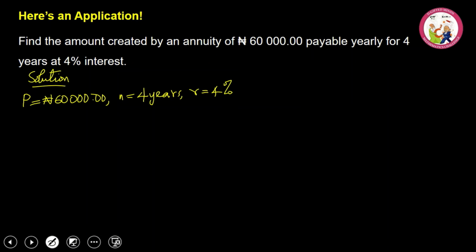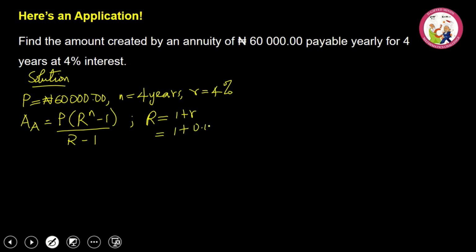Let's recall the formula. Amount of an annuity equal to P times big R raised to the power n minus 1 over big R minus 1, where big R is equal to 1 plus small r, and in this case we have it as 1 plus 0.04, that is going to be equal to 1.04.